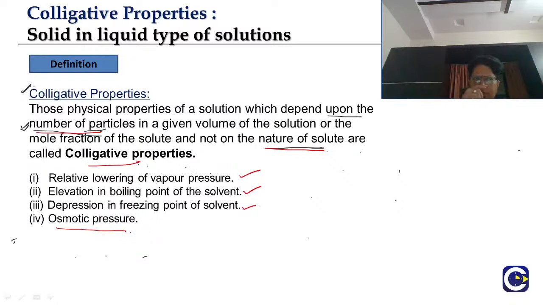Relative lowering of vapor pressure is the reduction in the vapor pressure of the solvent when a non-volatile solute is added. Elevation of boiling point is the increase in the boiling point when we add a non-volatile solute. Freezing point decreases and boiling point increases. These are all colligative properties and very important for us.